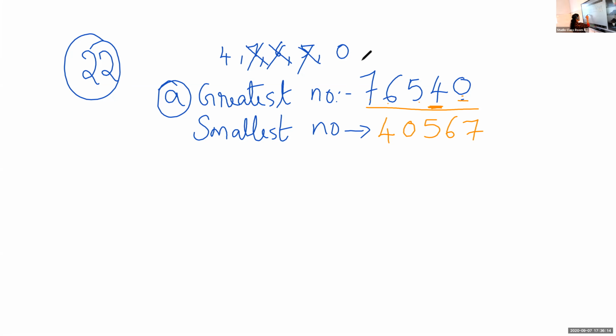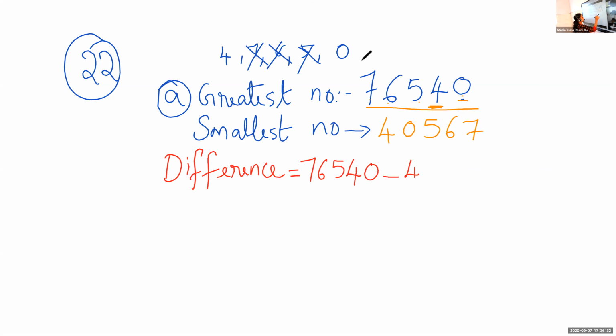Difference between the greatest and smallest number. We have already found the greatest number and we have to subtract the smallest number from this. Find it out alone, all the children. You know, if the number on the top is small, what do you have to do?